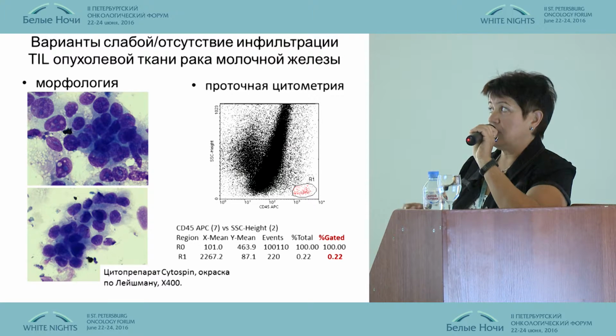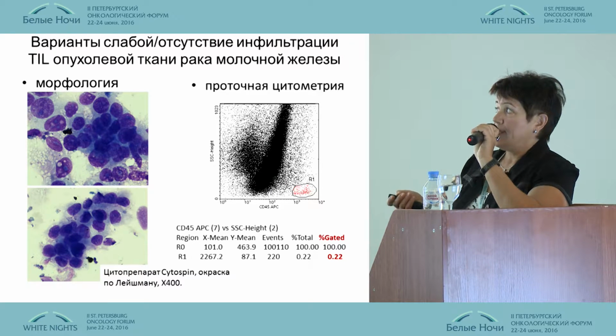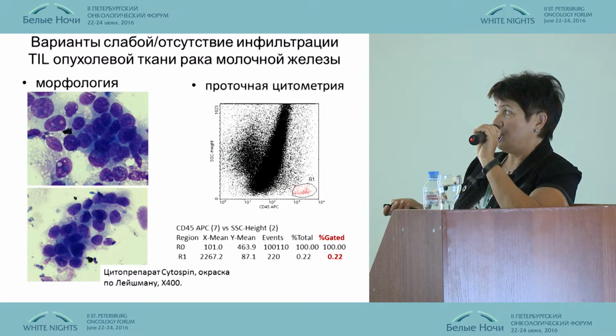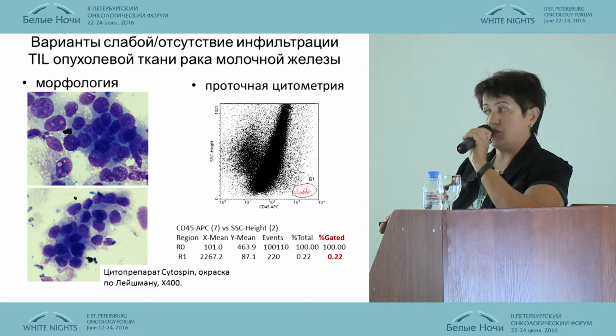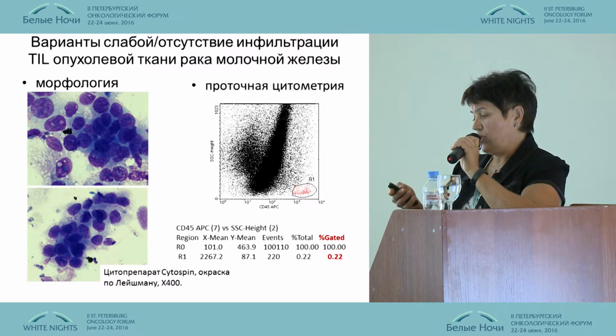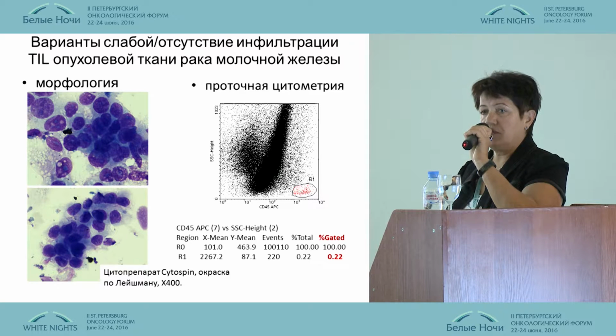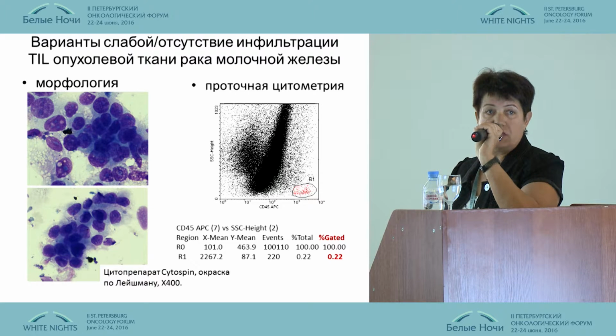This is how we look at specimens by flow cytometry and liquid-based cytometry. Flow cytometry allows us to evaluate T lymphocytes in terms of their binding capacity.